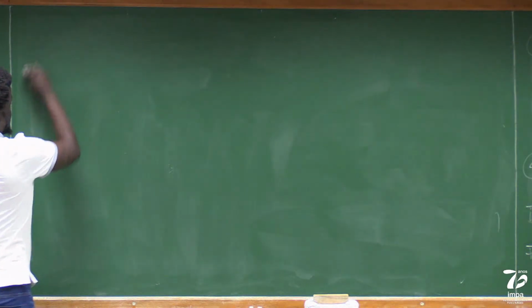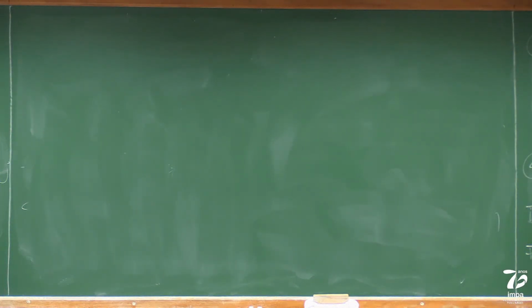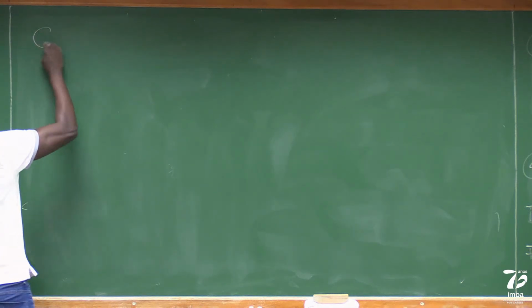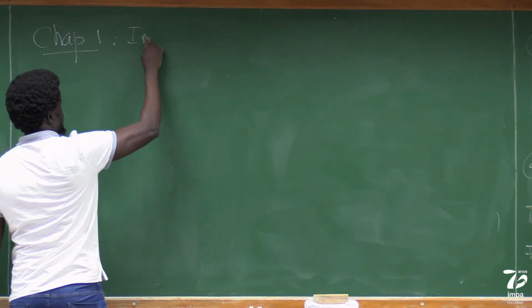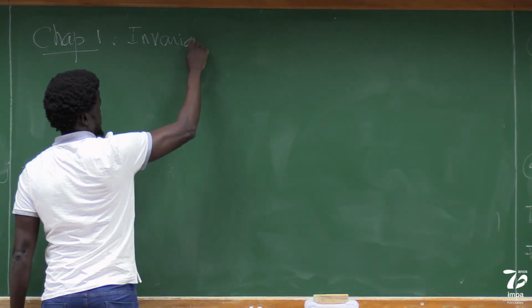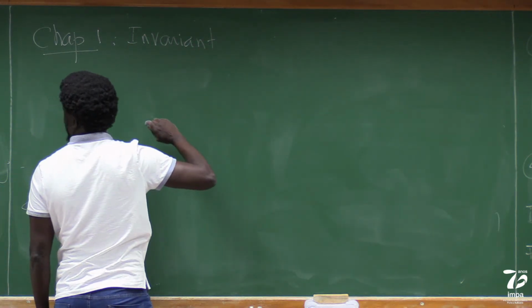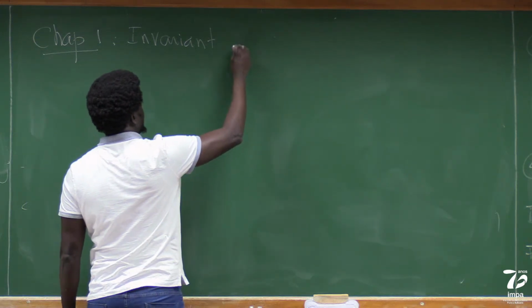So what we will do is that in chapter 1, we will study invariant measures, as I said. So I will be following the book, as I said, invariant measures.